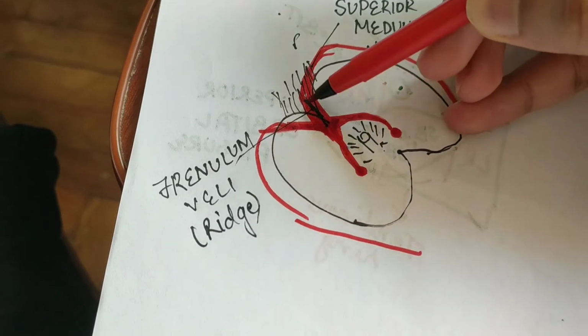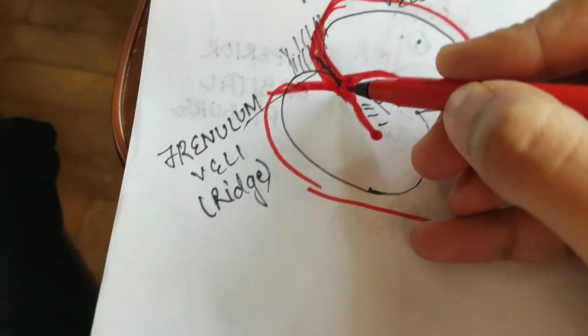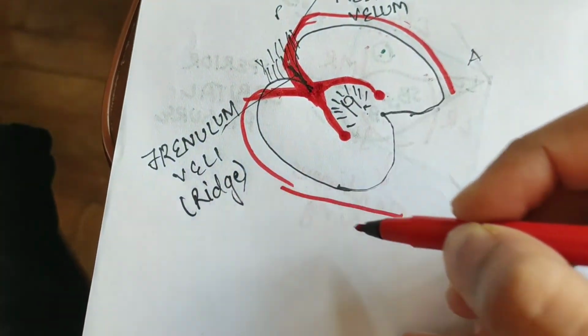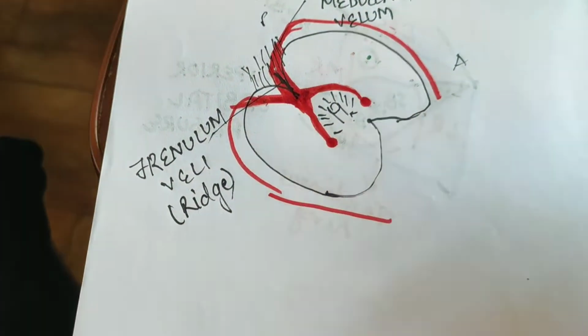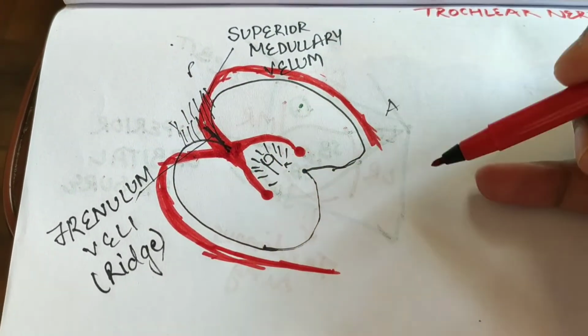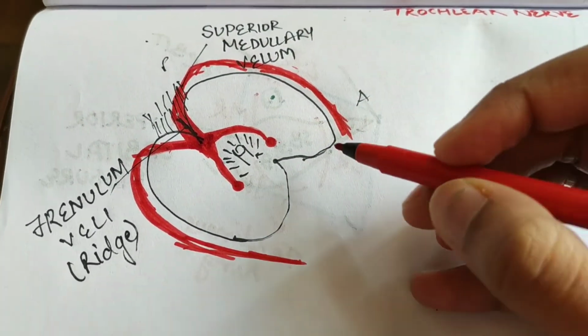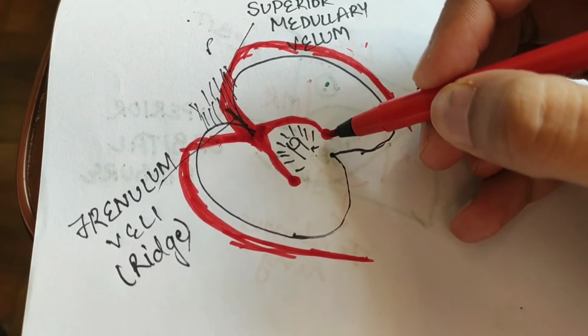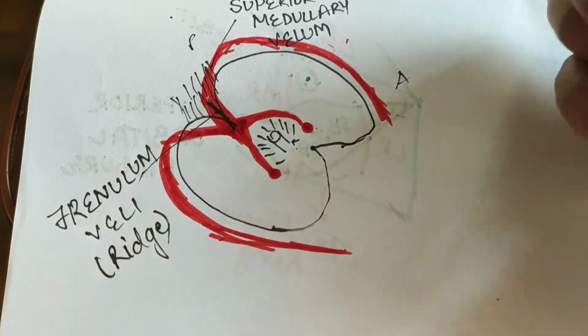The nerve fibers from this nucleus cross here and go there, to the contralateral muscles. Suppose this is the left side, so the left side nucleus will supply the superior oblique muscle of the right eye.